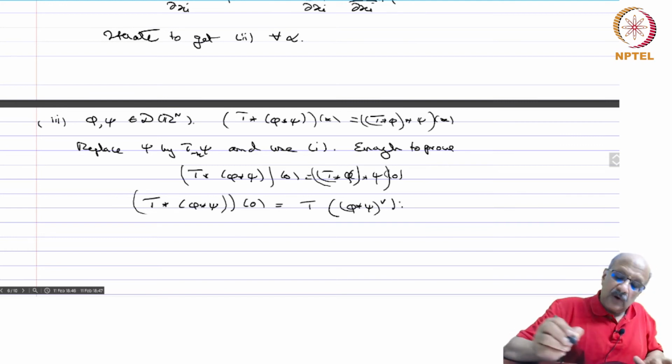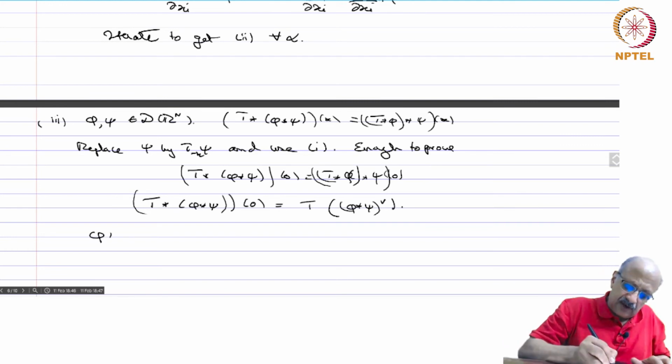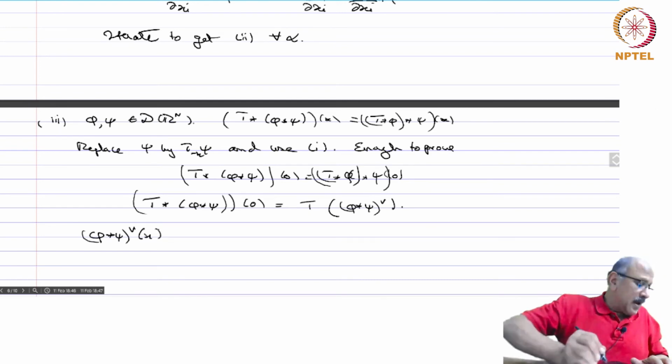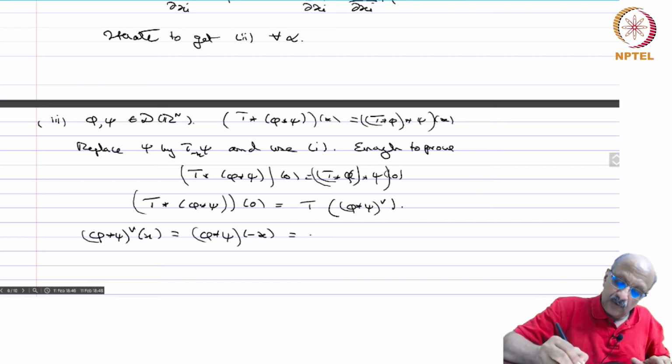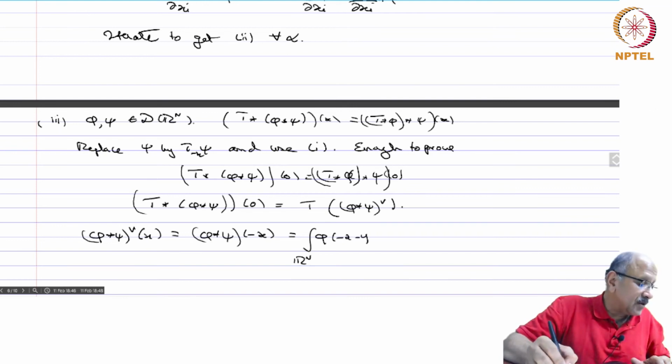So, let us see what is this phi star psi chesh. You evaluate this at any x, this is nothing but phi star psi evaluated at minus x, and that is equal to the integral over Rn of phi of minus x minus y times psi of y dy.